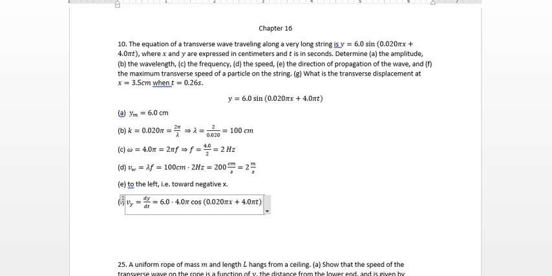And evaluate this. The maximum, we'll take x equals 0 and t equals 0.